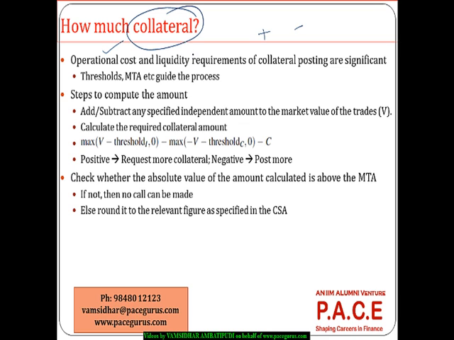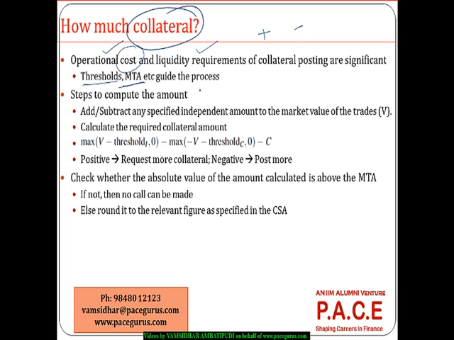We know that if I take more and more collateral, there is an operational cost to it. There is a lot of liquidity requirement, and there are various other risks that typically come up from collateral posting. And at the same time, how much collateral I have to really collect is guided by various other things like thresholds, the minimum transfer amount, etc.